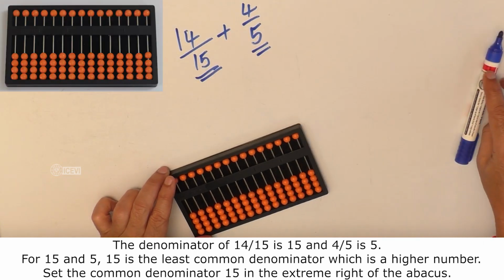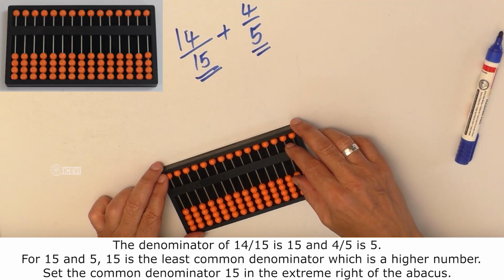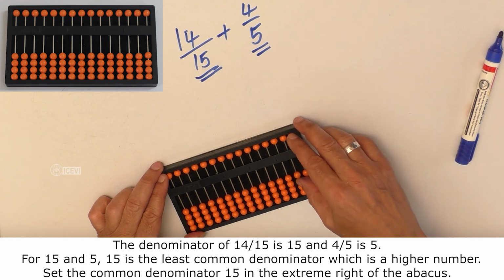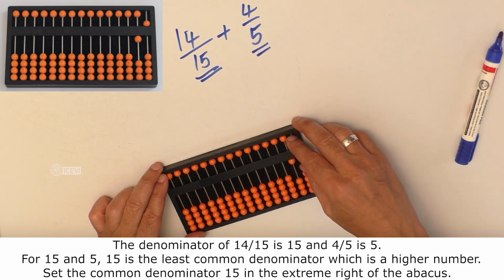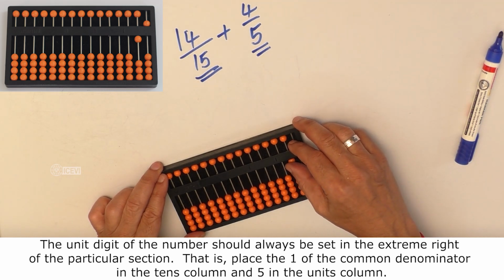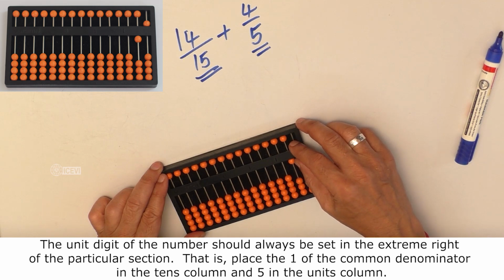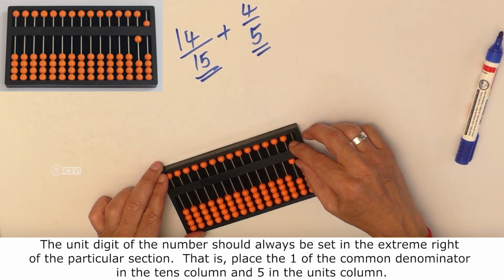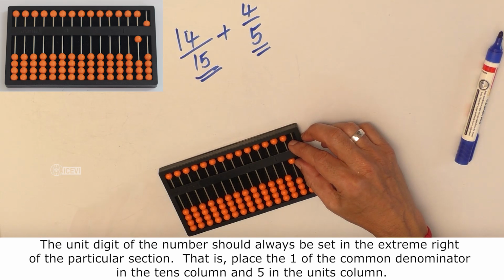Set the common denominator 15 in the extreme right of the abacus. The unit digit of the number should always be set in the extreme right of the particular section. That is, place 1 of the common denominator in the tens column and 5 in the units column.